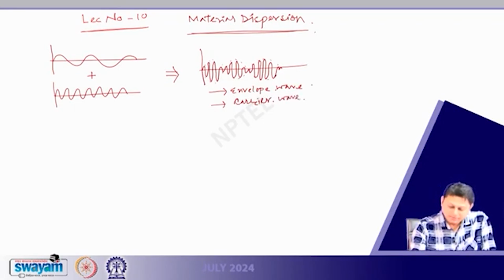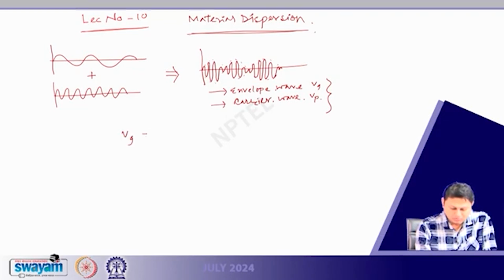They are propagating with velocities Vg and Vp. When the envelope and the carrier wave are moving, these velocities may be different or same depending on certain conditions.